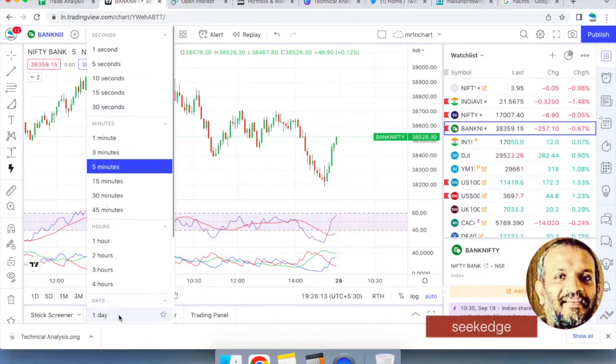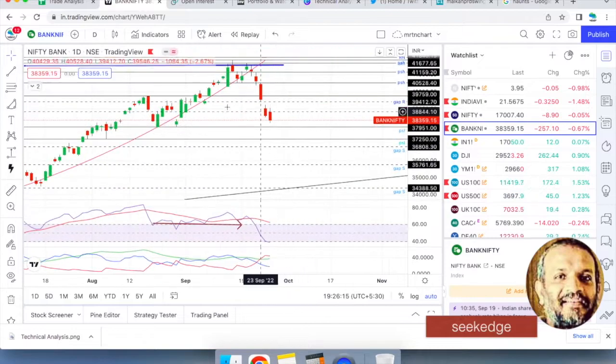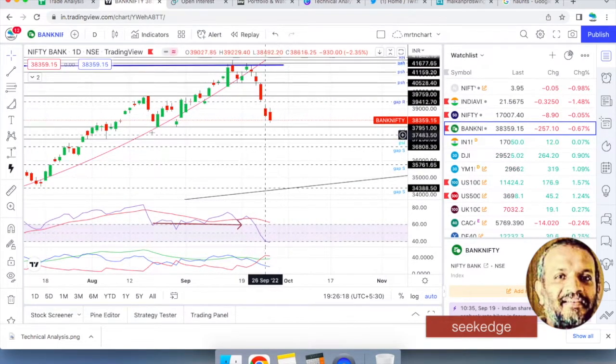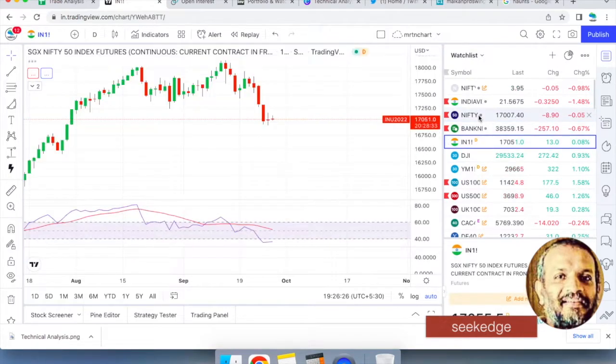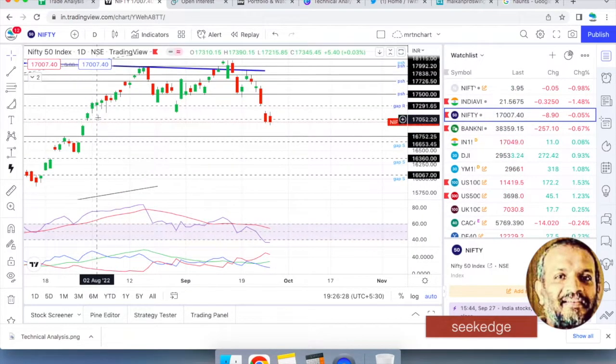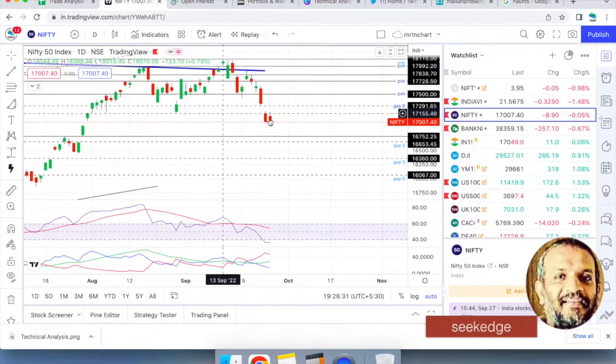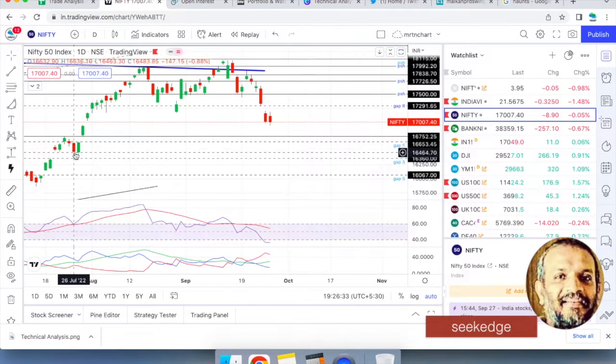Coming to the daily charts again, you can see that there is an M pattern breakdown on the top that has happened. Another multiple M patterns may be there if you look at a large number of days. In the Bank Nifty we're talking about, but Nifty also has an M pattern. The neckline for that is breached, and now it's a downfall that's happening.